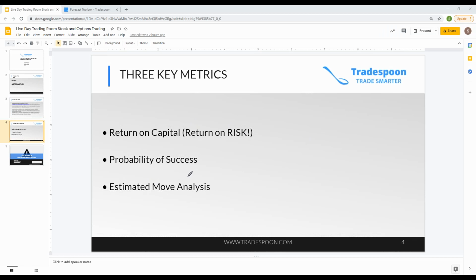In order to know reward and risk, I need to know estimated moves up and down. I need to be able to quantify and create my position size based off of those structures. And probability of success comes from creating a very stable set of concrete rules.